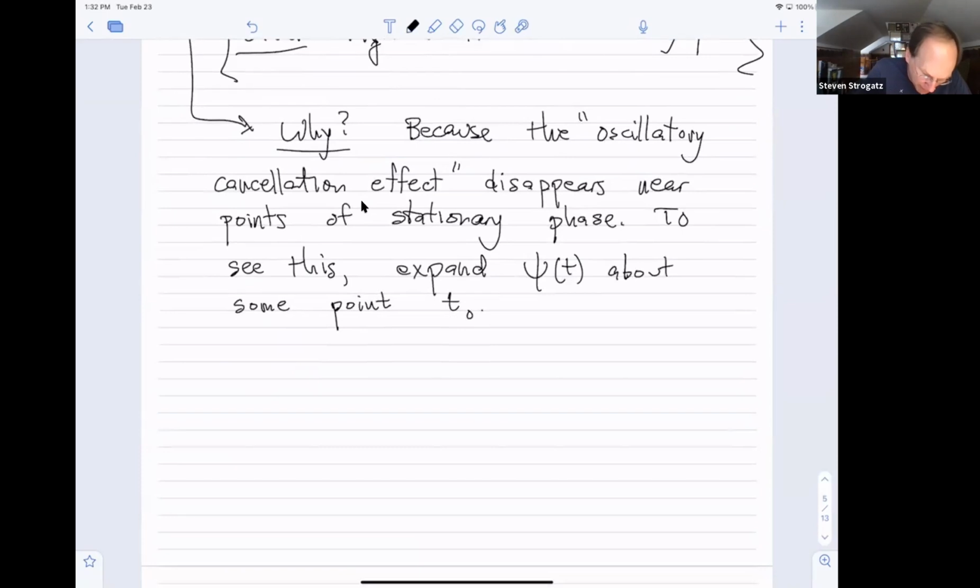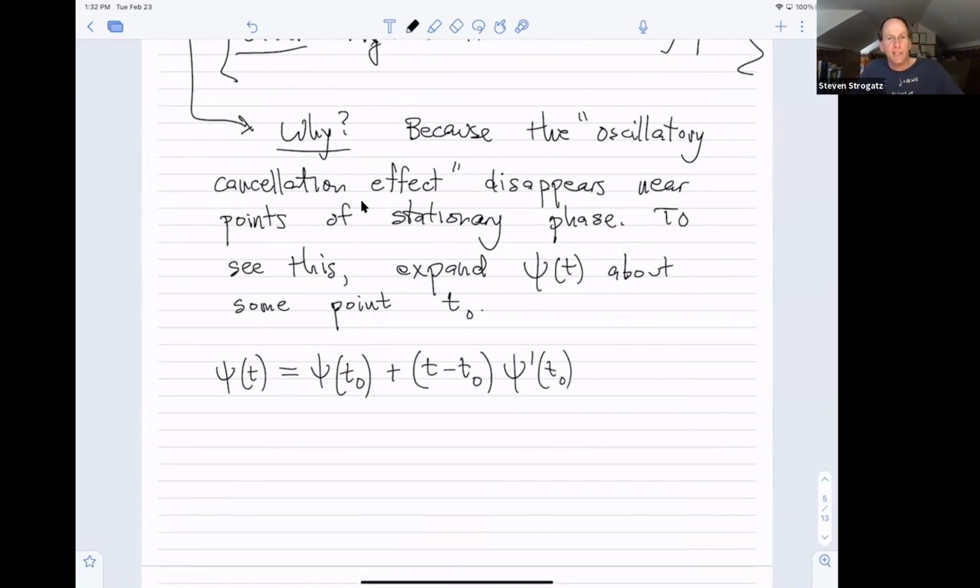So if I expand around some point, psi of t will be psi of t0 plus, just doing a Taylor expansion, t minus t0 times psi prime at t0, plus 1/2 t minus t0 squared times the second derivative. And we could go higher than that, but let's just stop at the quadratic term for now.